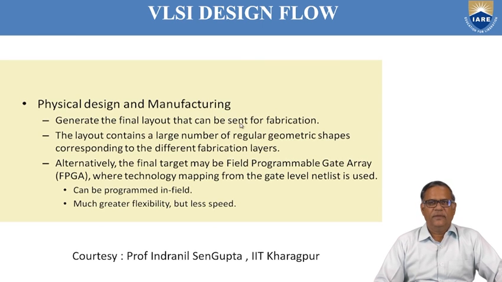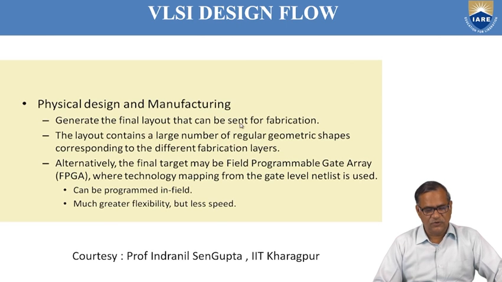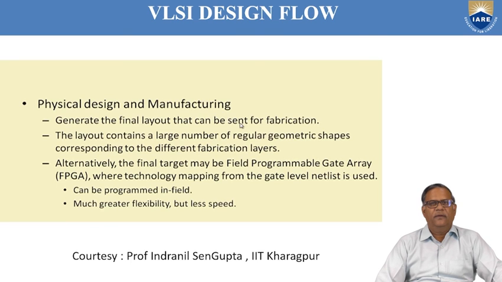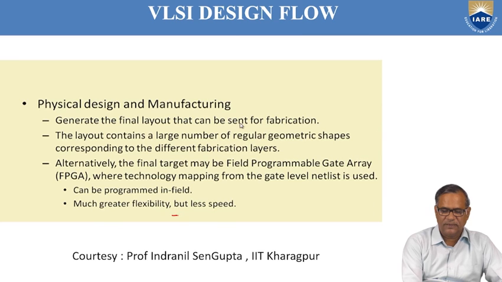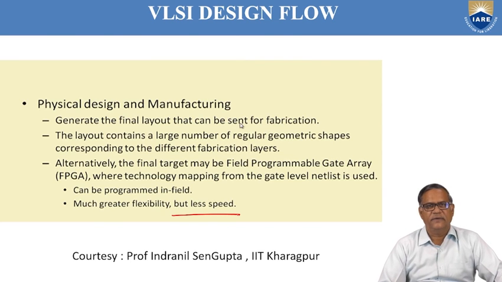Alternatively, the final target can be a field programmable gate array, where technology mapping from the gate level netlist is used. An FPGA can be programmed in the field. So you have much greater flexibility in FPGA, but the disadvantage is less speed.